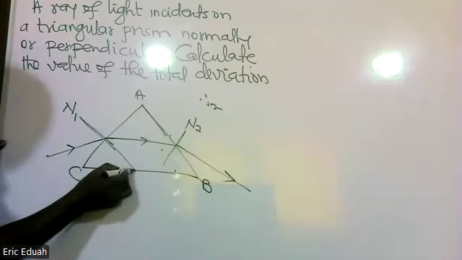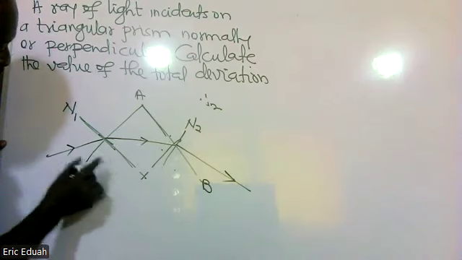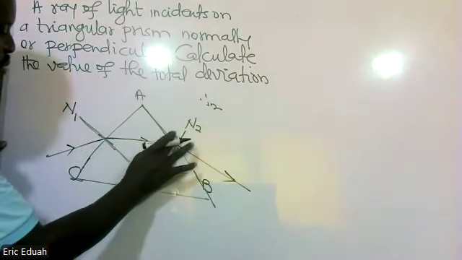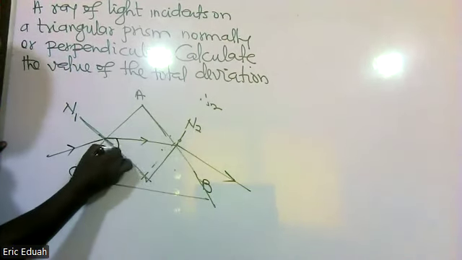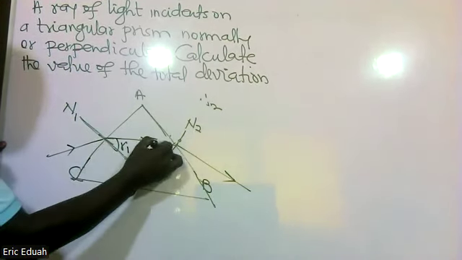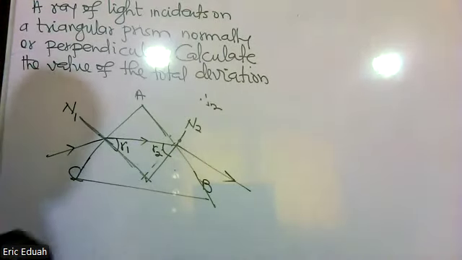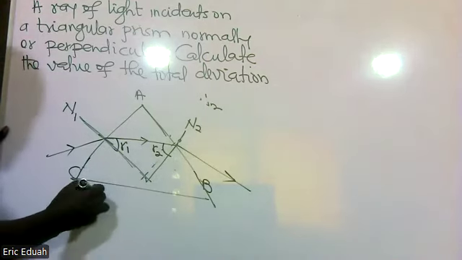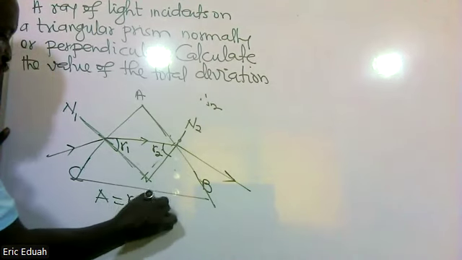So when we extend this, let me increase the size of the prism. This is R1. This is R2. So it is under a situation like this that we derived A is equal to R1 plus R2.